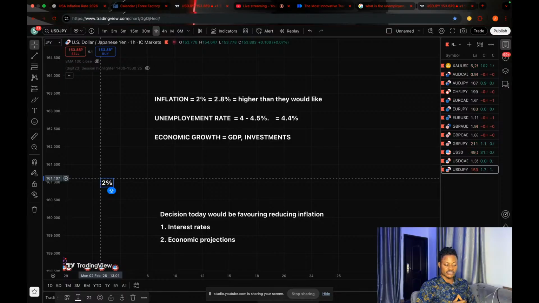Do you understand? So this is a low interest rate, 2% low interest rate. If people are borrowing loans from me because I'm giving a low interest rate, they will have more money. And when they have more money, they'll be able to use the money to pay their mortgages.